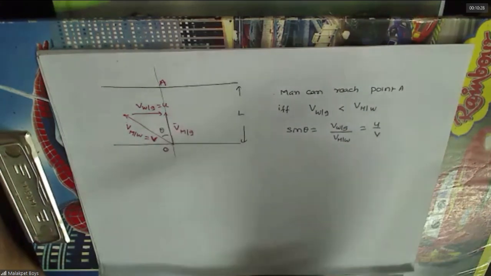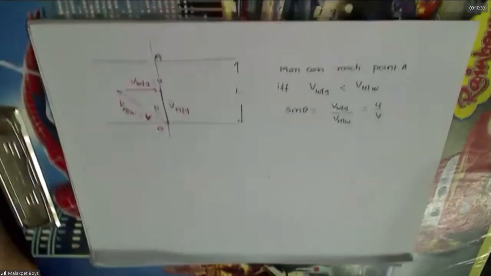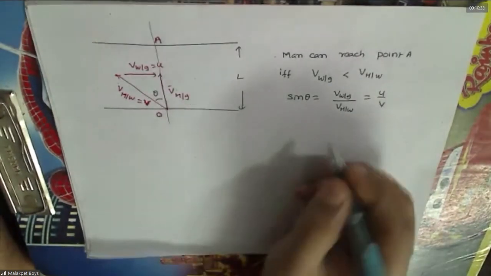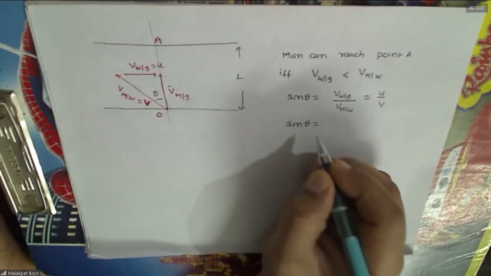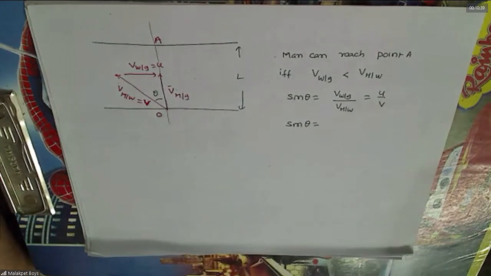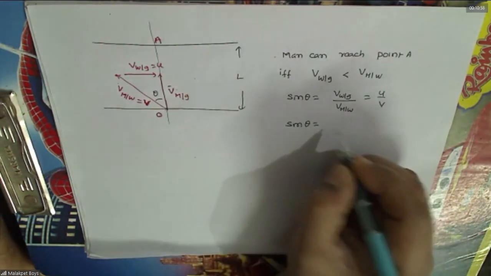Any doubt here? Is it clear? He has given water with respect to ground. How much did he give water with respect to ground? 3 by 5, sir. 37 degrees.